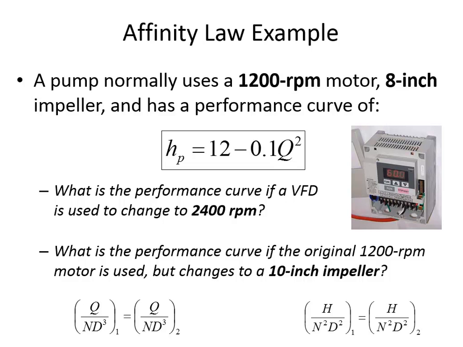Then H2 is 18.75 minus 0.04096 Q squared. All right. So this is the pump performance curve with the larger impeller diameter.